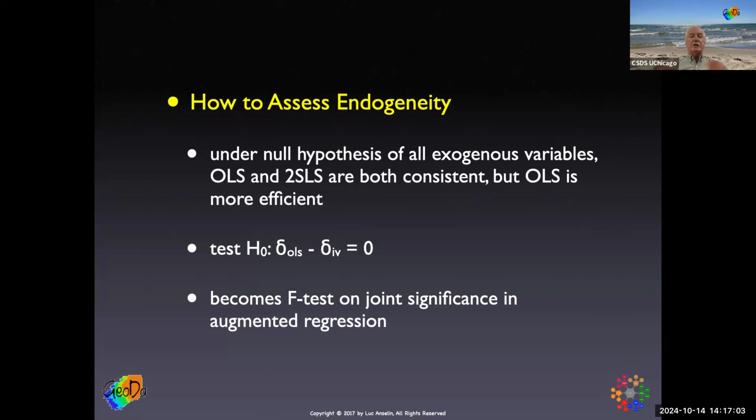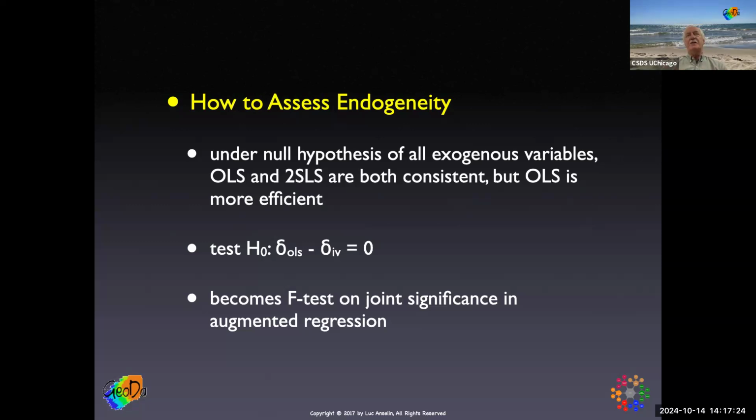Okay, so this is way too complicated for our purposes. As it turns out, there's a nice little trick where you augment the regression. And this, again, is an example of a large family that uses this kind of principle for testing.